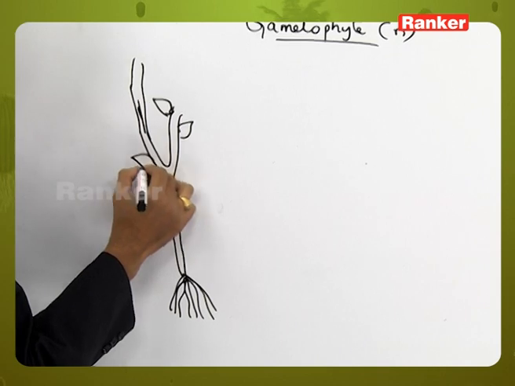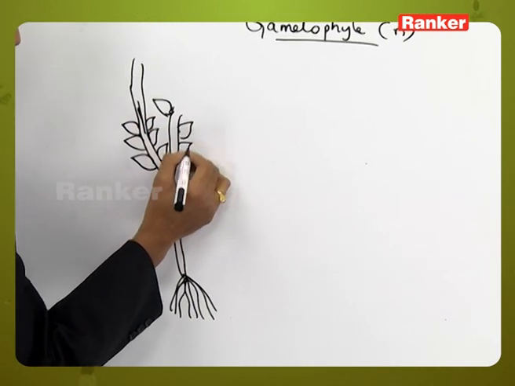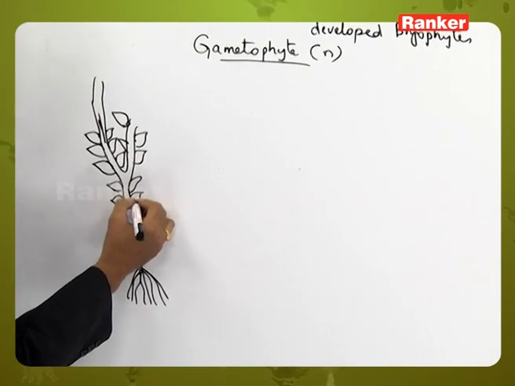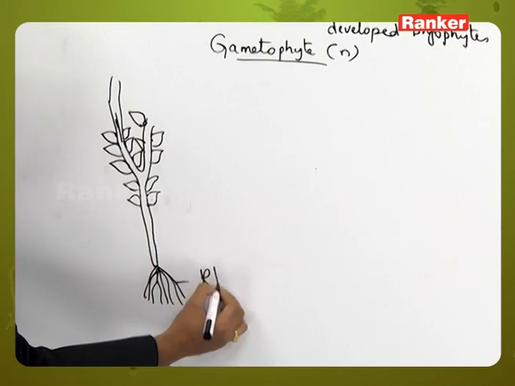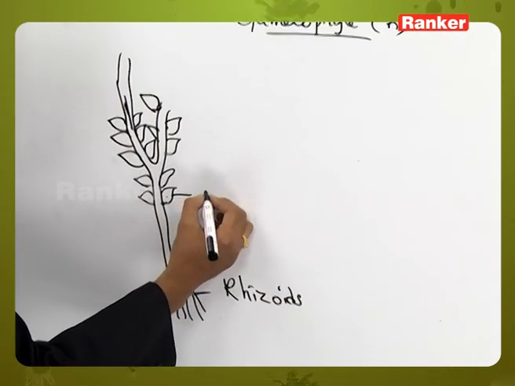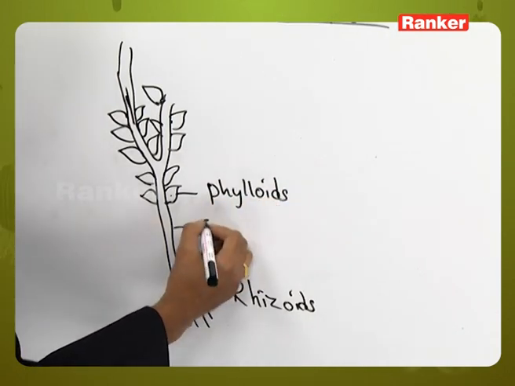These leaf-like structures are called phylloids. Rhizoids, phylloids, caulid.